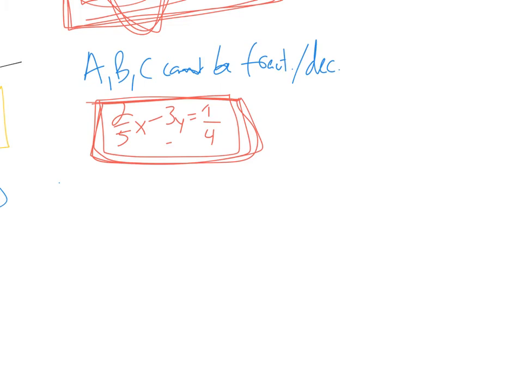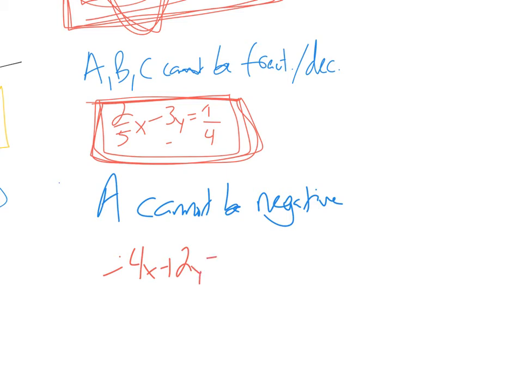Another rule is that the A term cannot be negative. So for example, A cannot be negative. That means the x term must be positive, or 0. So if the equation was something like negative 4x plus 2y equals 3, well, 2y is positive, 3 is positive, but all we care about is the a.